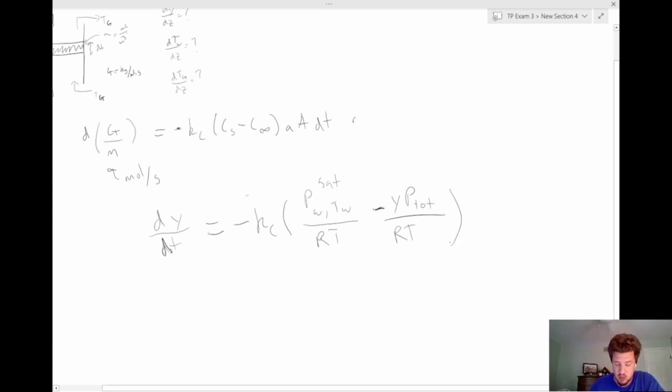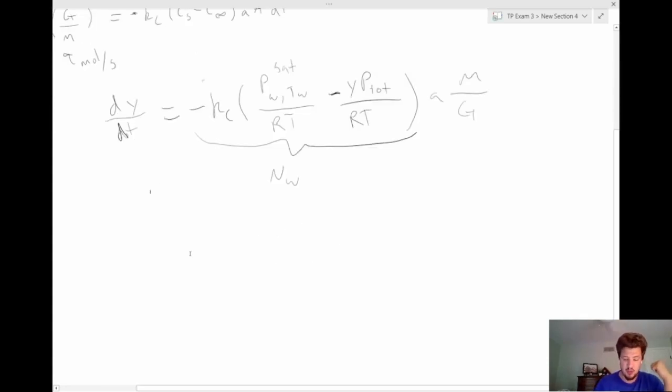And then again, we need to account for the packing material and the movement of the molecular weight and the gas flow rate. Now this whole term right here, if we remember back to the beginning of this class, is actually the molar flux. So we want to simplify this problem.